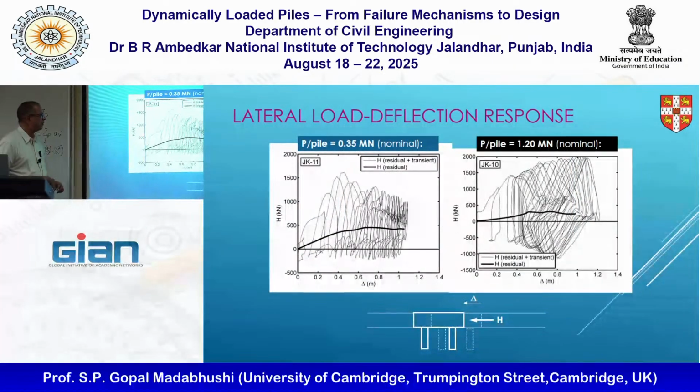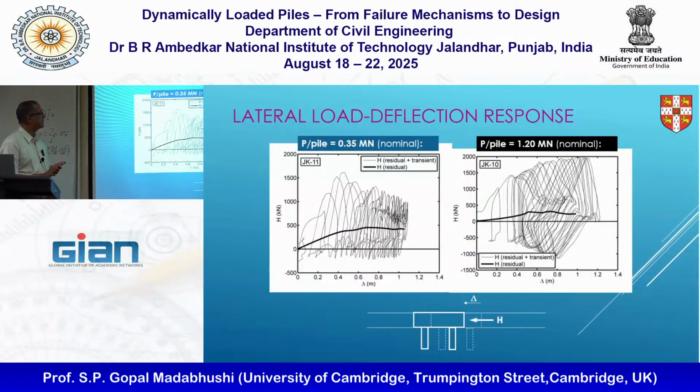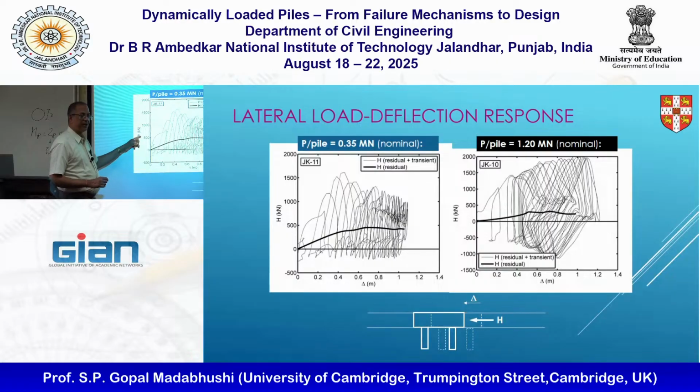And what we are interested in here is the lateral load and deflection response. So this is the lateral load that is being generated, and that is the deflection. So all these squiggly lines are the actual measurements, so we are monitoring how much the pile is horizontally deflecting and also what is the load on it.